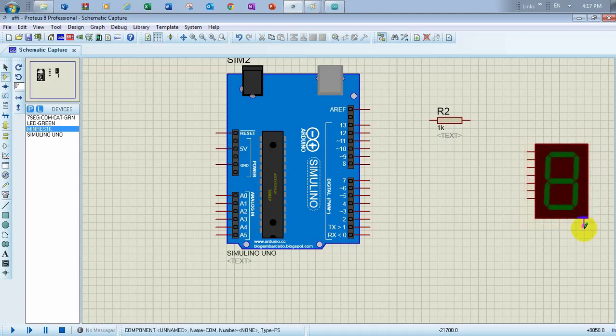So these legs we link to ground, to 0 volt.